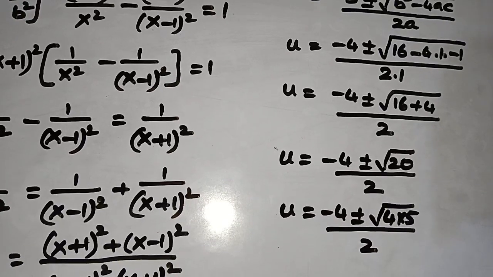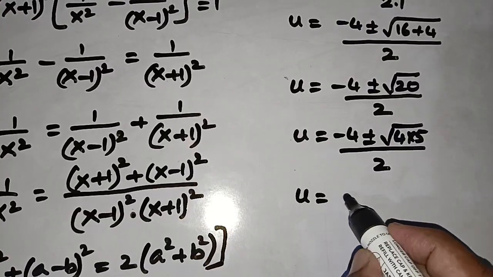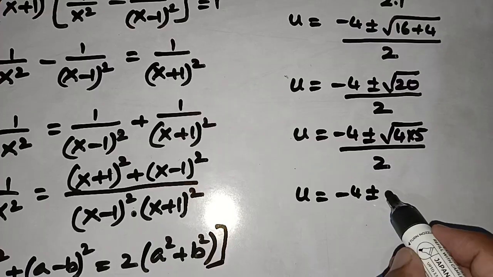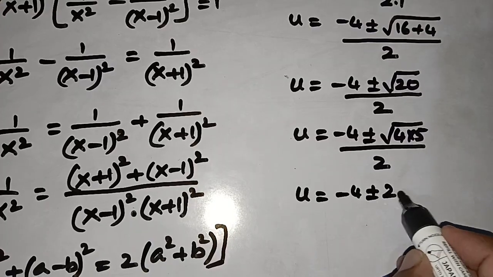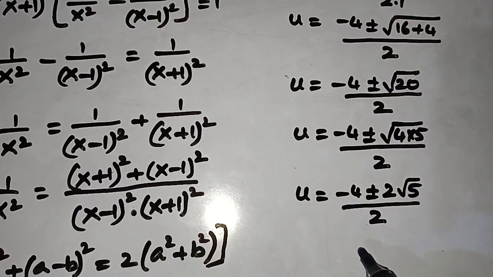So minus 4 plus or minus root 4 into root 5, root 4 is 2, root 5 by 2.